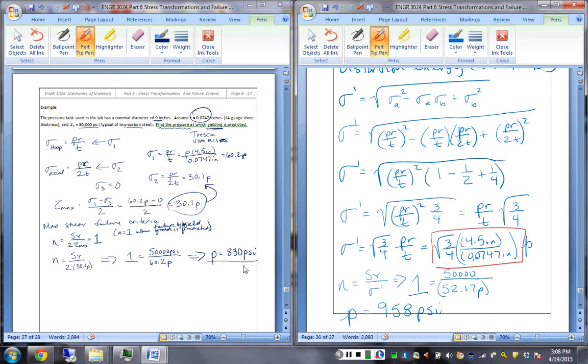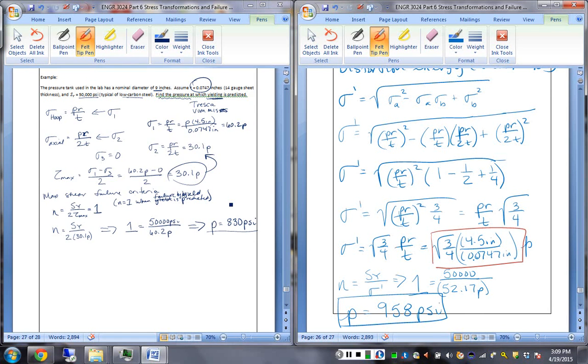So we have a more conservative result with the Tresca criteria. The max shear stress says that the pressure where you expect failure is 830. The distortion energy, or von Mises, says that you expect failure at 958.